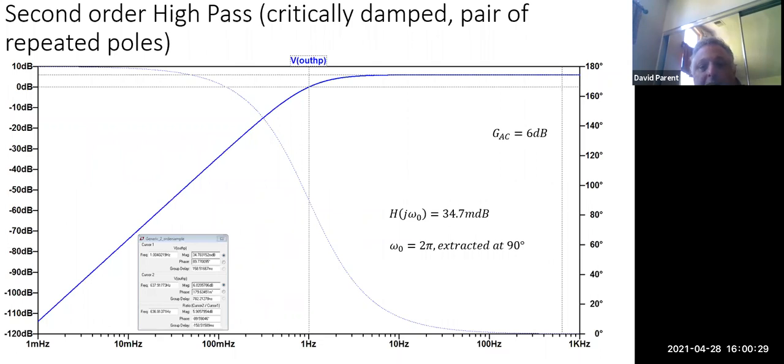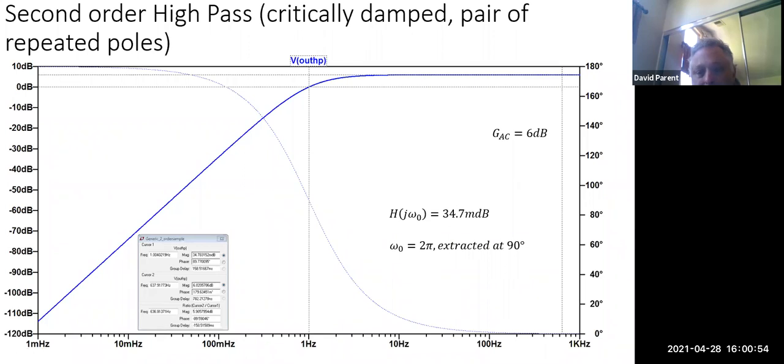Now here it's critically damped, and this is approximately 6 dB down from the maximum. Again, I can find the omega naught with the asymptotic method or by measuring the frequency. And again, that's still 1 hertz, so omega naught is 2 pi.